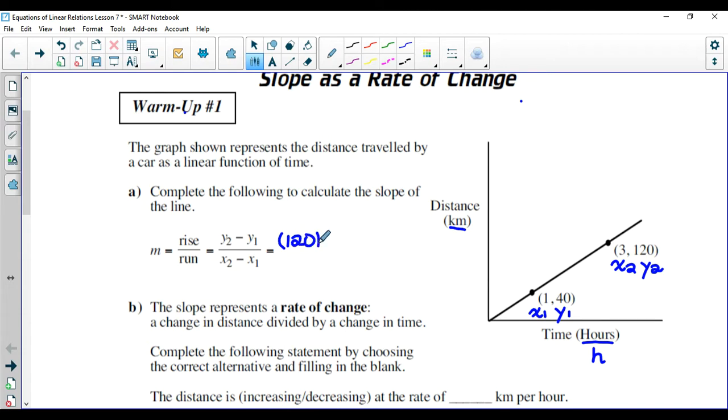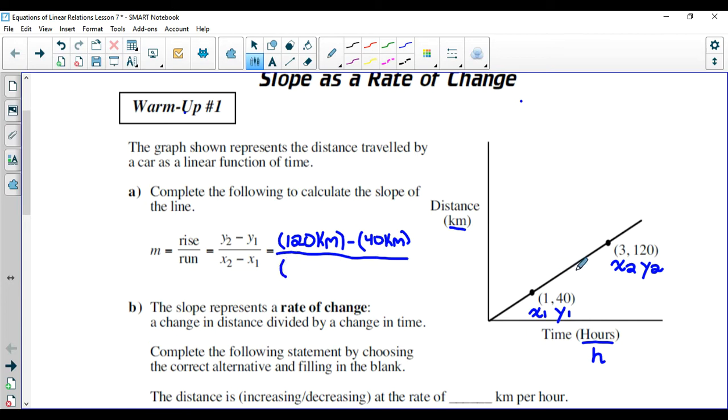Okay, y2 is 120 kilometers. And then we're going to subtract y1, which is 40 kilometers. And the units for distance are in kilometers.